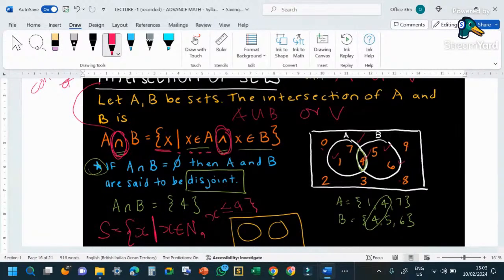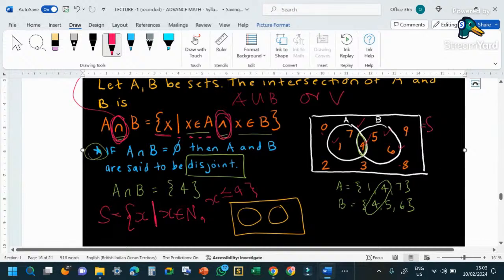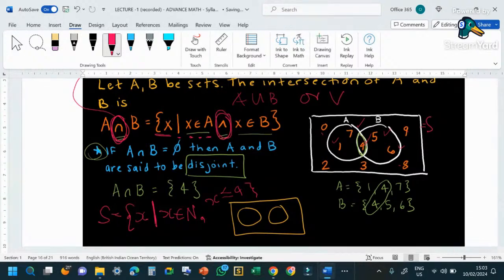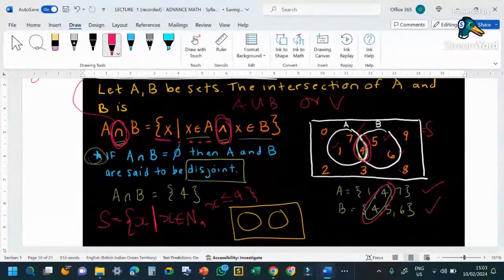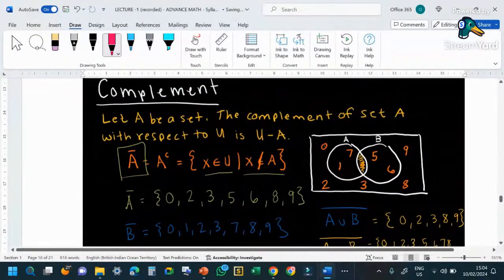So this is our universal set. So it's all x's such that x will be from 1 to 9. So if you plot A, it's 1, 4, 7, and B, 4, 5, 6. We can already see 4 as a common number. And this is the intersection. Easy peasy. Now we go to complement.